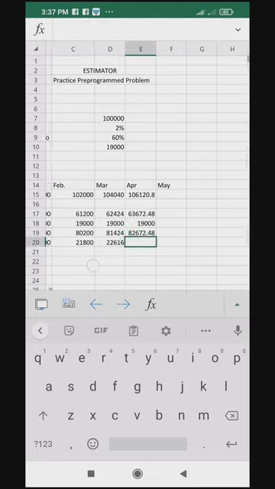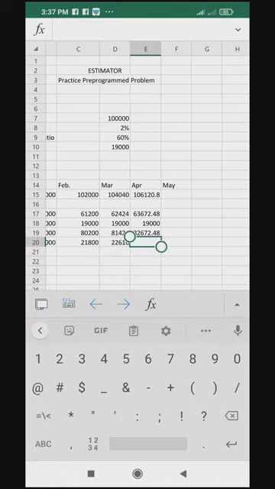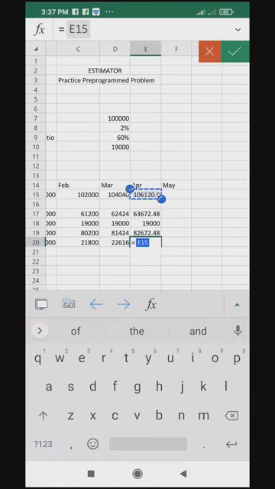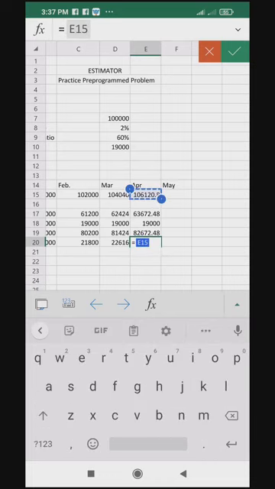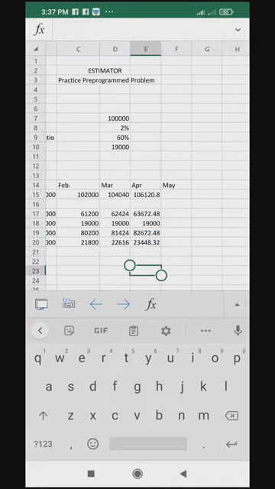And the net income for the month of April is equal to E15, which is the sales for the month of April, minus the total expenses, which is E19, equal to 23,448.32.